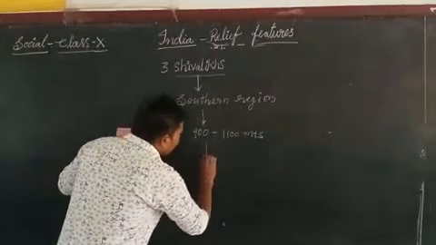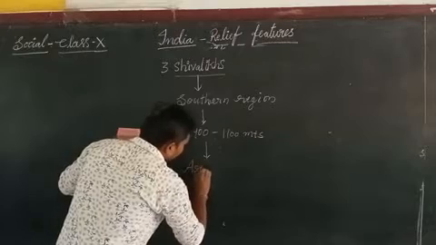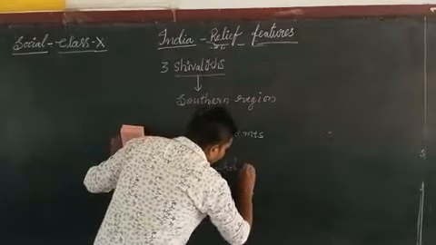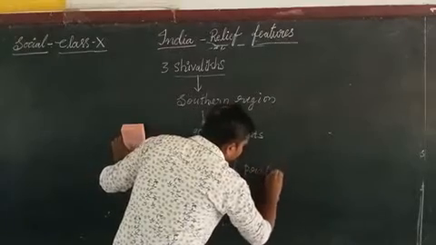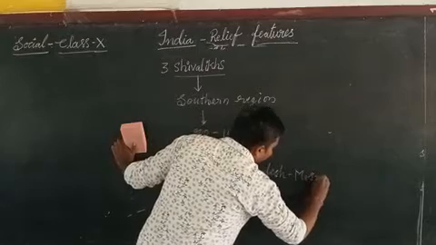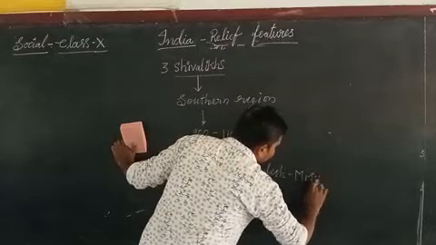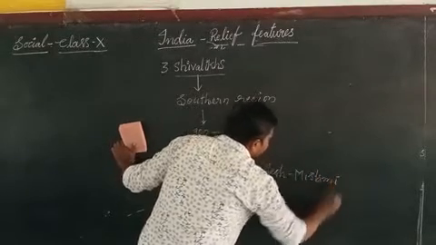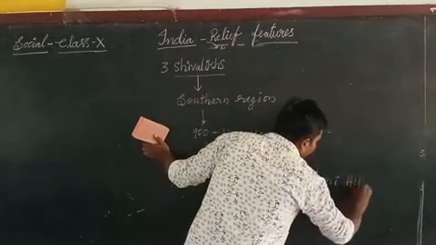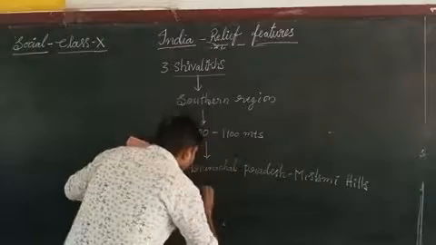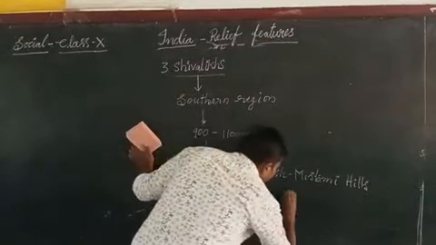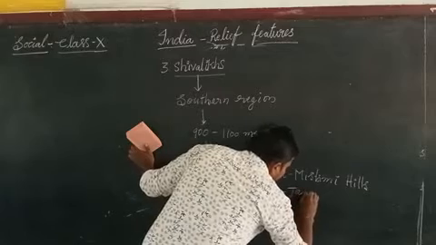In Arunachal Pradesh, these are called Mishmi Hills. In Jammu and Kashmir, they are called Jammu Hills.